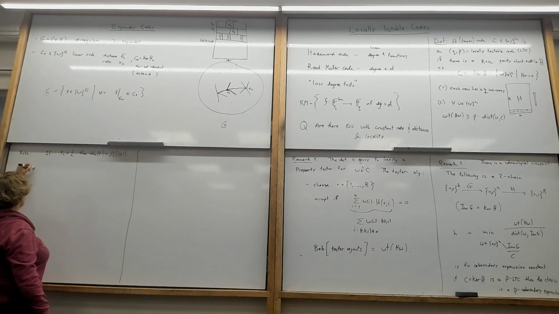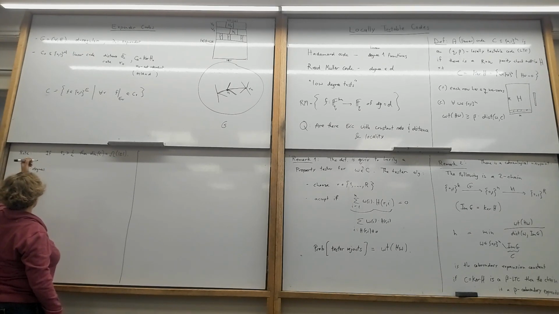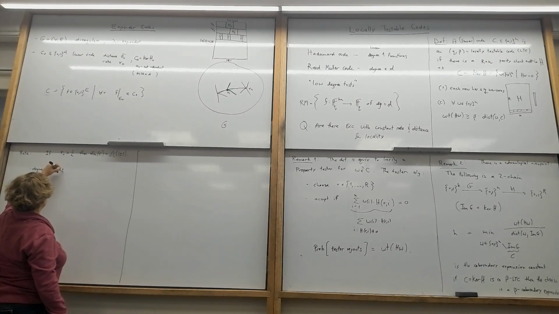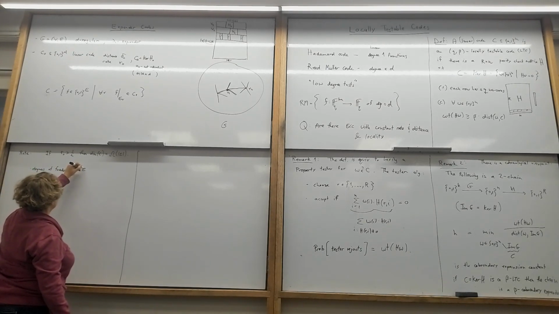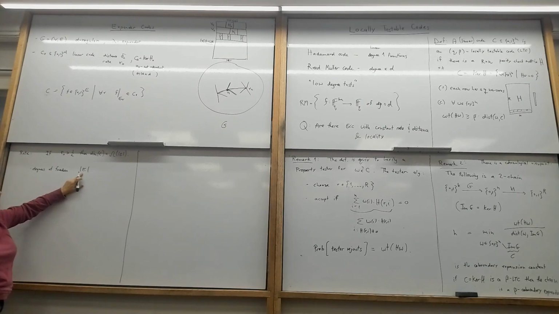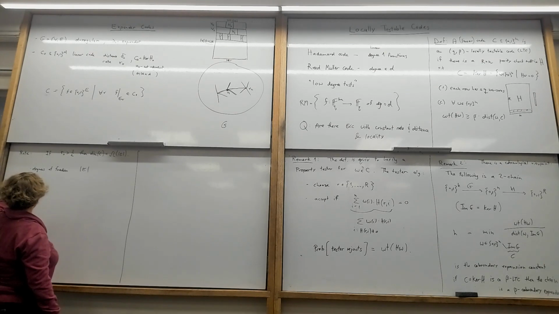So I have a bunch of linear constraints. How many degrees of freedom do I have? I have this many bits. This is a priori the dimension of my space. How many constraints do I have?